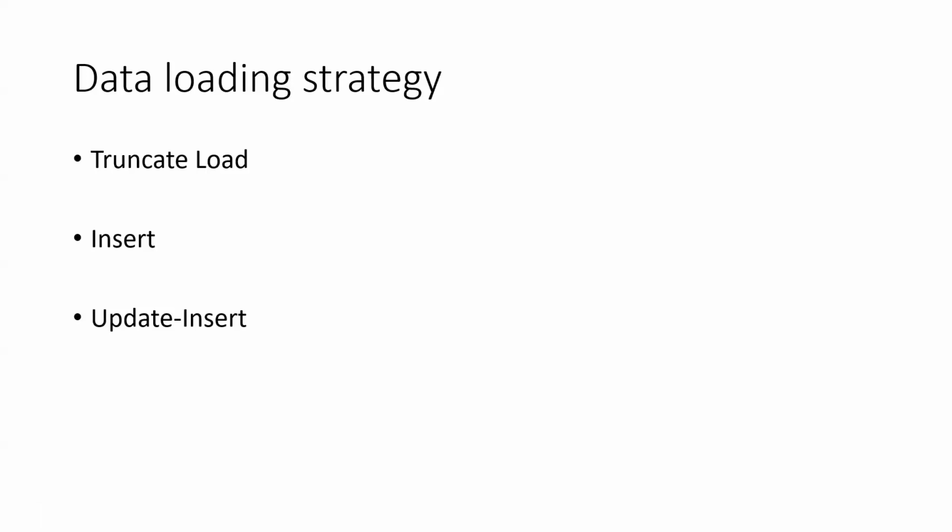The same thing should be loaded at the target system. So all those employee IDs should be entered in the target. It's called insert. So update insert is a single strategy where we follow this. Okay, so those are the different data extract and data loading strategies at the target.